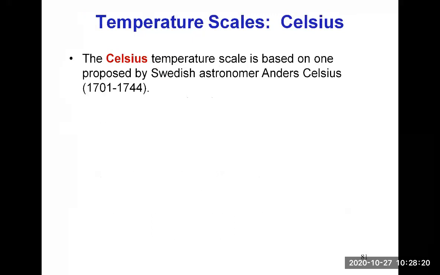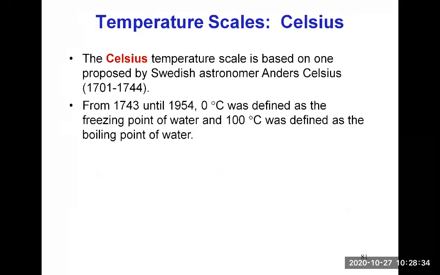The second temperature scale is the Celsius. It's based on a scale that was established by a Swedish astronomer, Anders Celsius, who was born in 1701 and died in 1744. So from 1743 until 1954, 0 degrees Celsius was defined as the freezing point of water, and 100 degrees Celsius was defined as the boiling point of water.